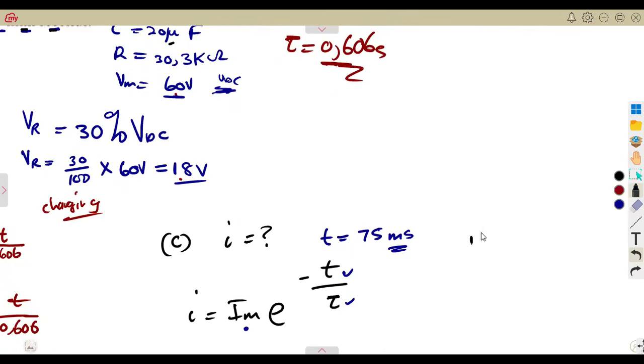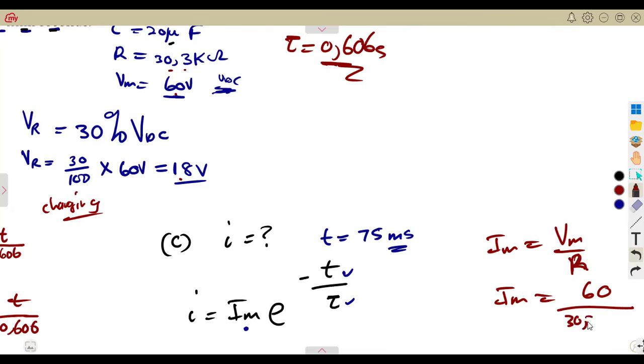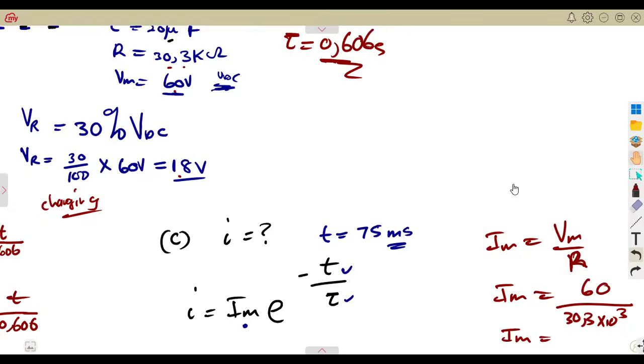Remember that Im is equal to Vm over R. So from the voltage and resistance, Vm 60 volts over the resistance, 30.3 times 10 to the exponent of 3. So that was going to give us Im, which is our current.